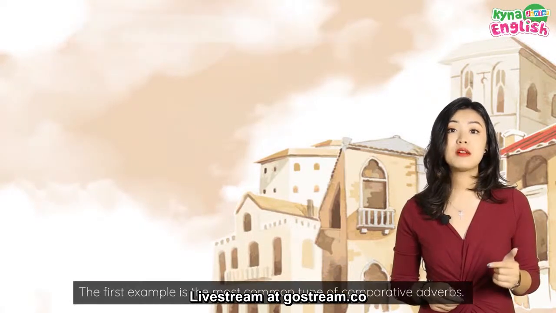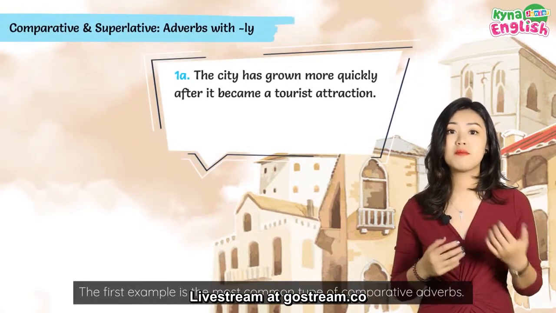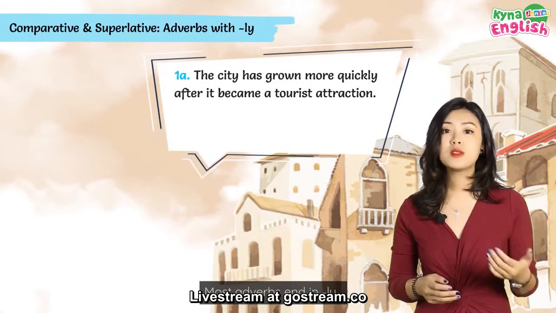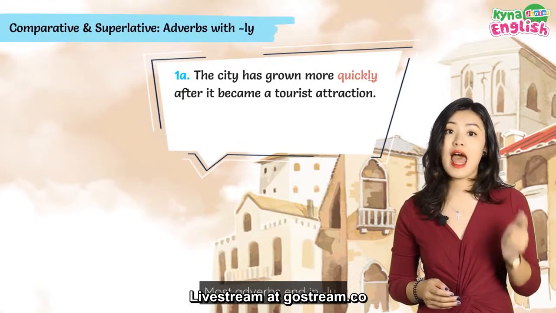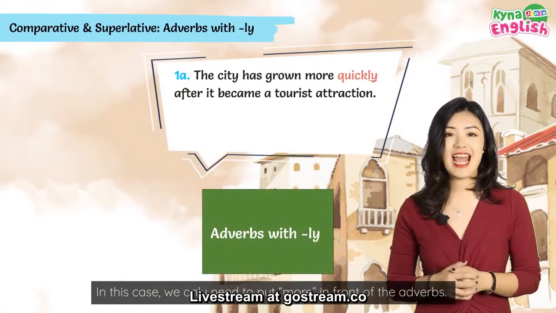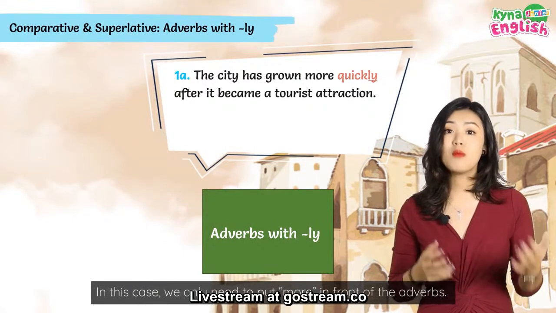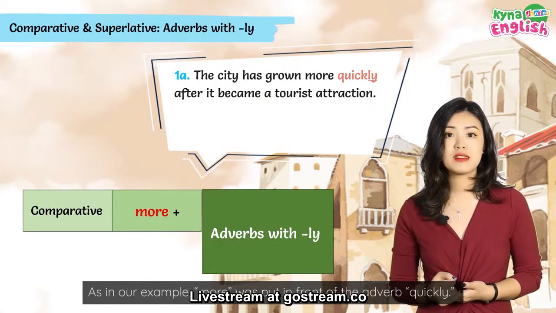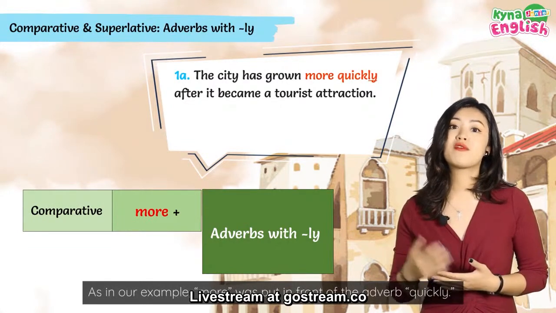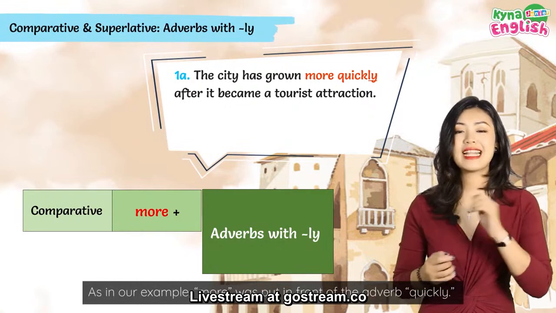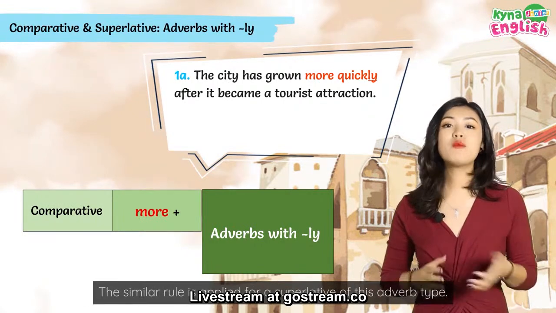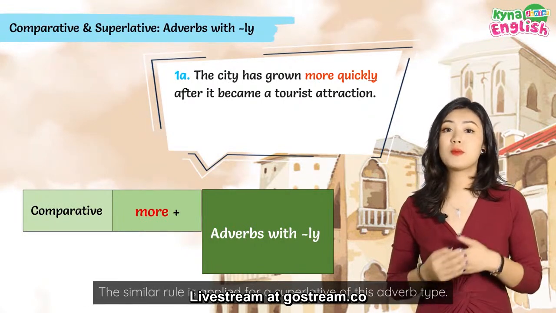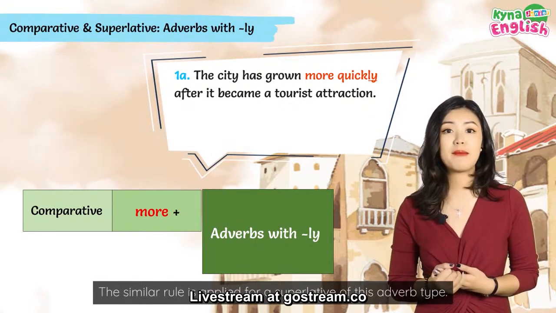The first example is the most common type of comparative adverbs. Most adverbs end in ly. In this case, we only need to put more in front of the adverbs. As in our example, more was put in front of the adverb quickly. The similar rule is applied for a superlative of this adverb type.